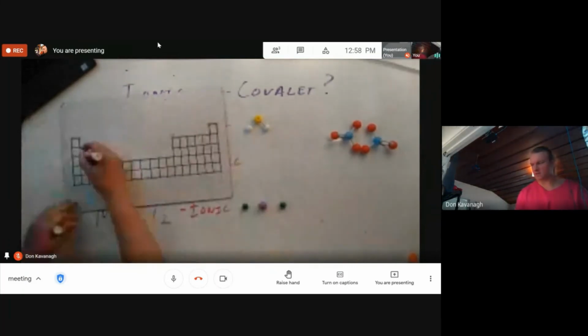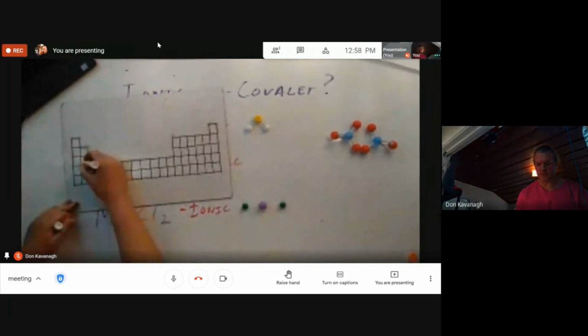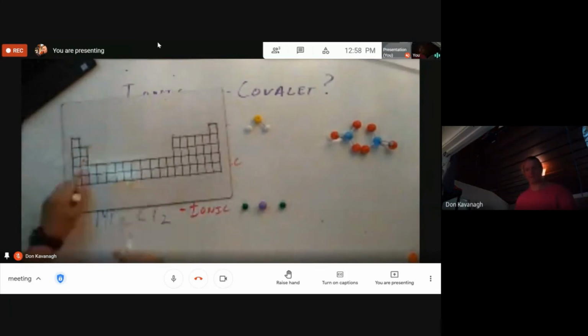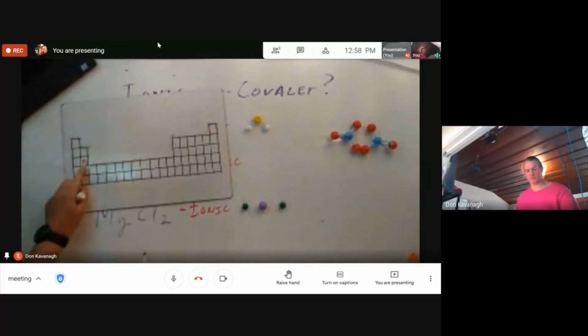This is the box, beryllium, magnesium. This is the box that magnesium lives in on the periodic table. Note its location and note that if it lost 2 electrons, it would carry a +2 charge. Quick fun fact, if anything loses 2 electrons, it would be a +2 charge.